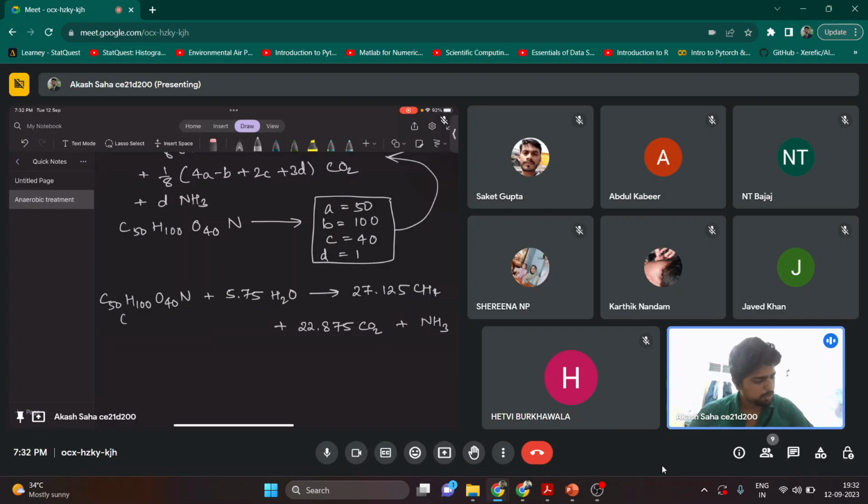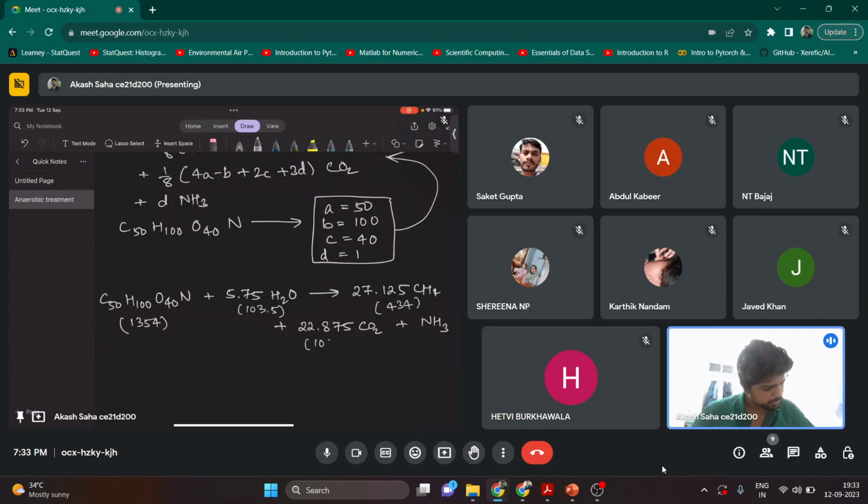So the total molecular mass of this will be around 1354. For this it will be 103.5. For this it will be 434.